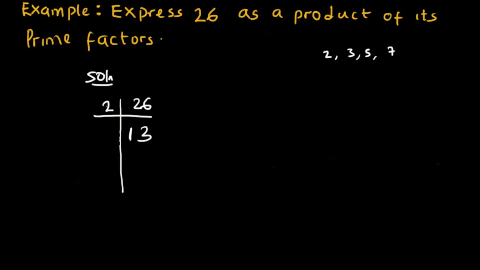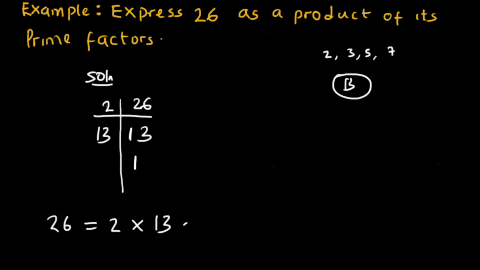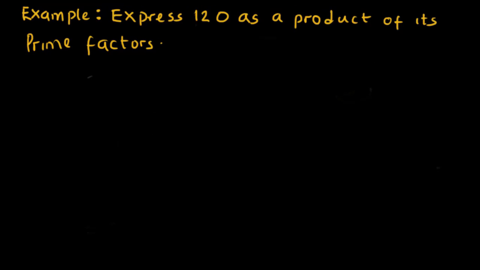Now remember, 13 is a prime number, so nothing can go in 13 except for 13 and 1. So we put 13. 13 in 13 is 1. So it means 26 equals 2 times 13. Do you understand? Because we don't have any number repeating itself, this would be our answer. Does this make sense?